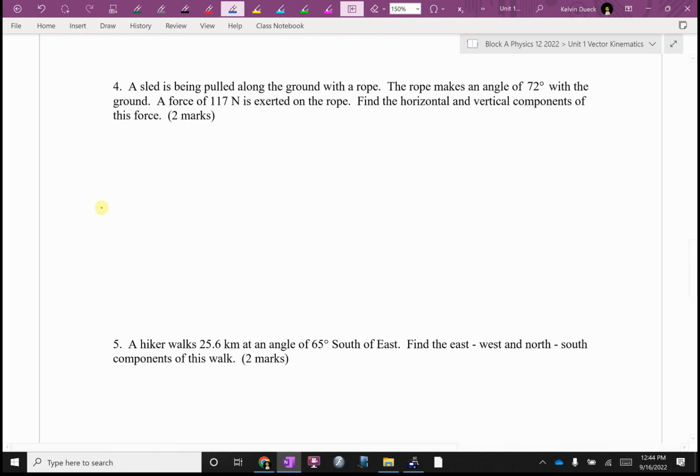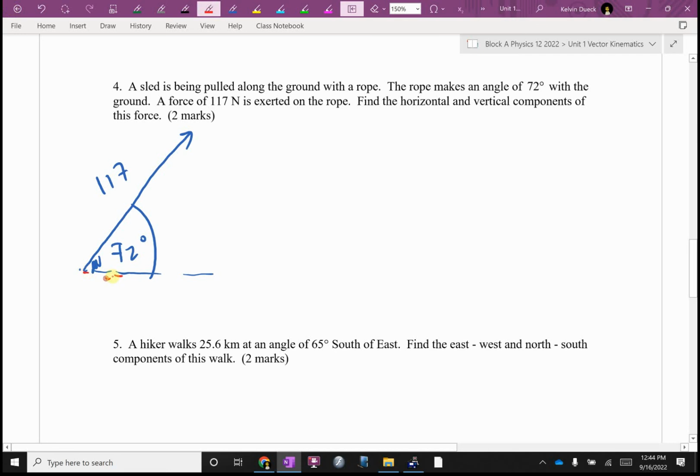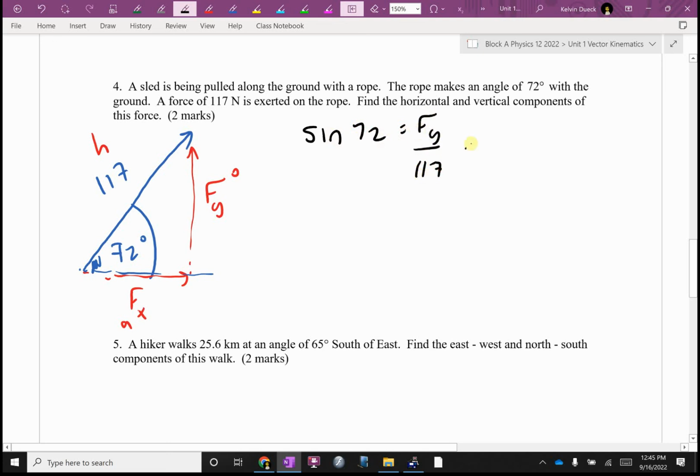Sled is being pulled along the ground. I chose to assume the sled was being pulled to the right. I said, there is my 117 newtons at 72 degrees. We want to find the horizontal and vertical, hypotenuse, opposite, adjacent. I said, sine of 72 degrees is going to be Fy over 117.